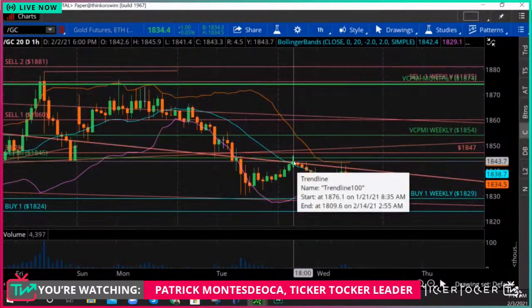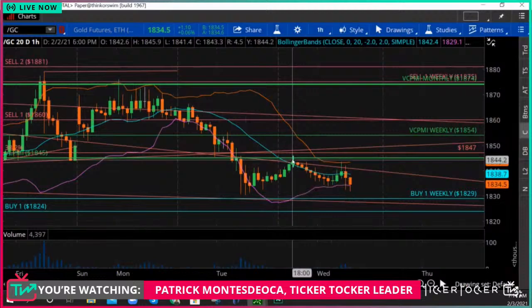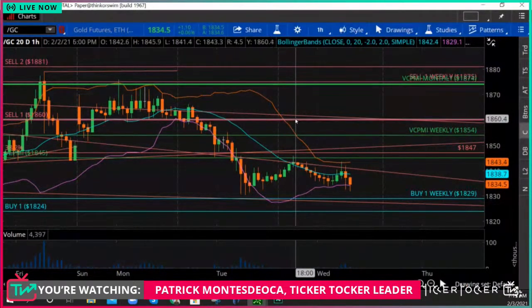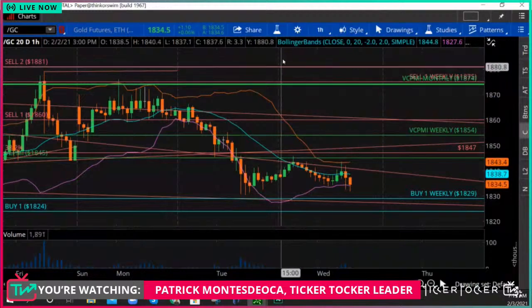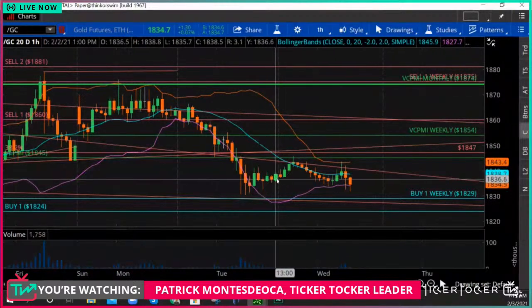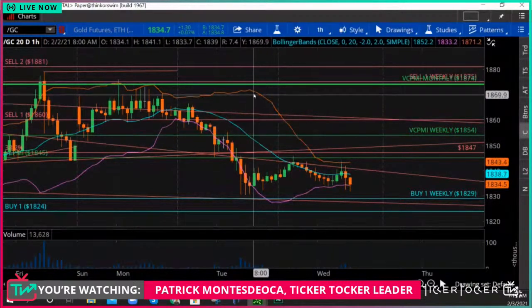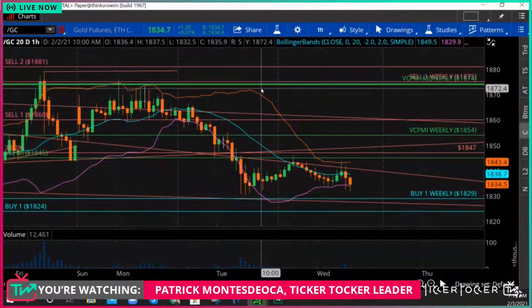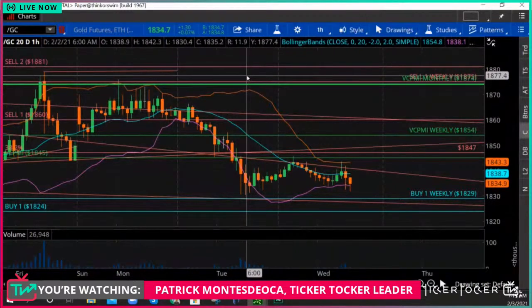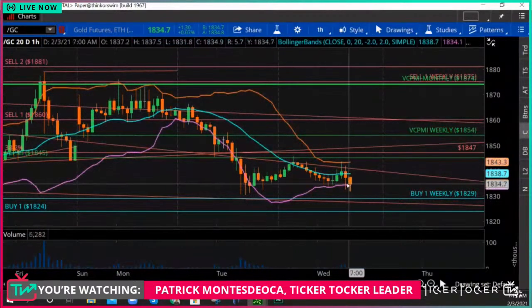If you have multiple contracts, you can use the levels above. 1860 is the sell one, and 1881 is the sell two level. So depending upon your profile, depending upon how many contracts you have, you can use these levels to get out of a multiple position, whether it be in the futures contract or in shares.